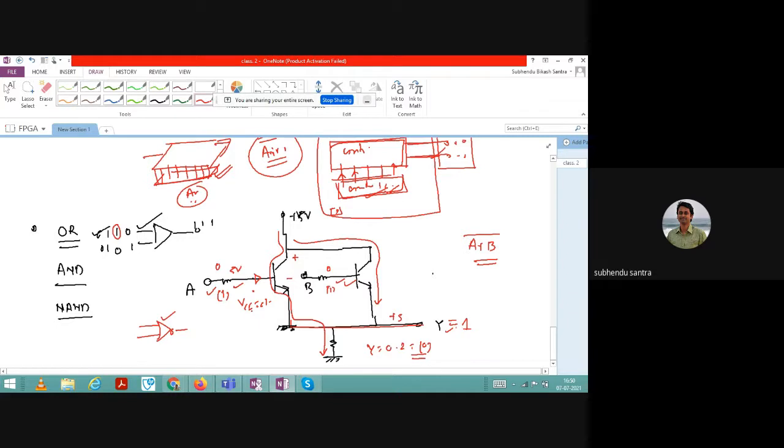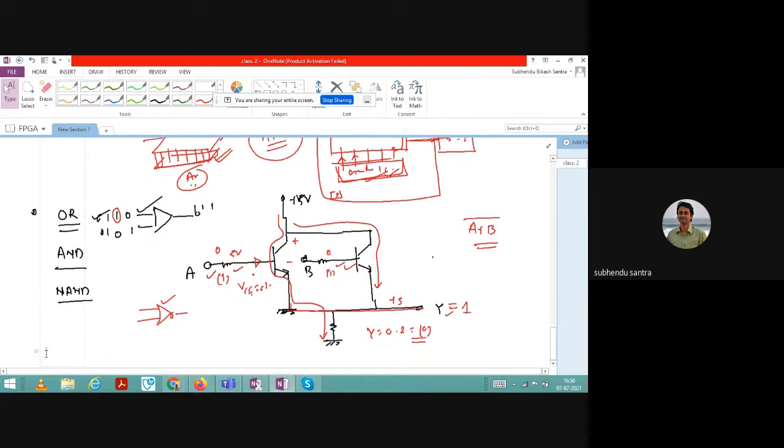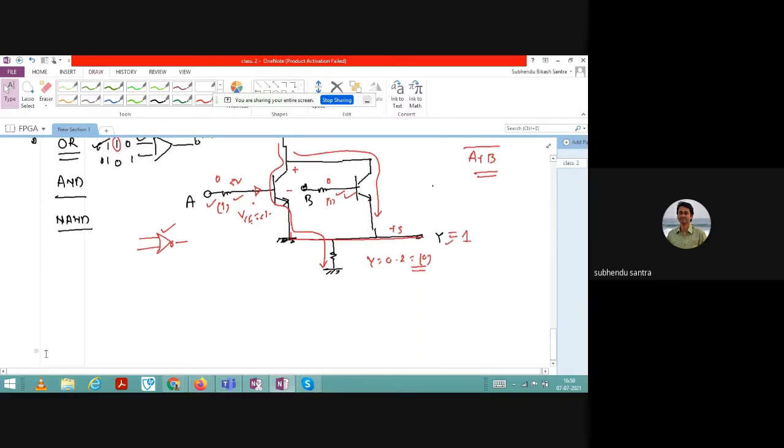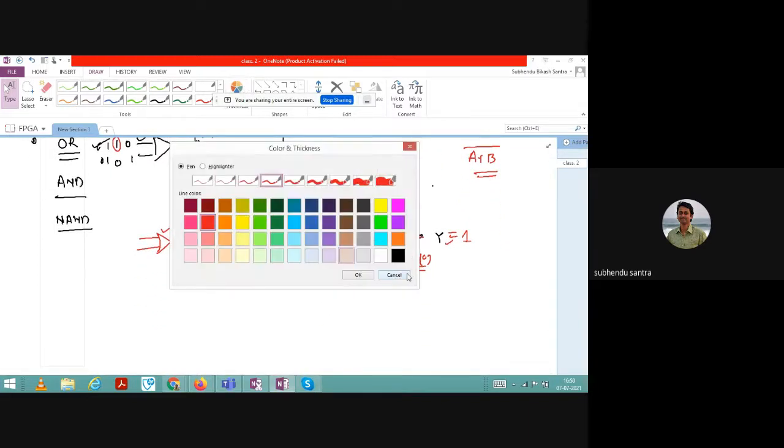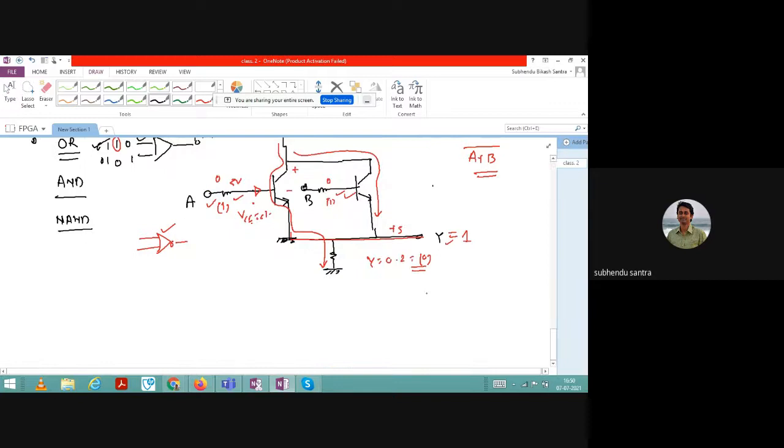Now you just change the circuit configuration. If you put the resistance here upside and connect two transistors like this, here one and here the other, and let me take more space.